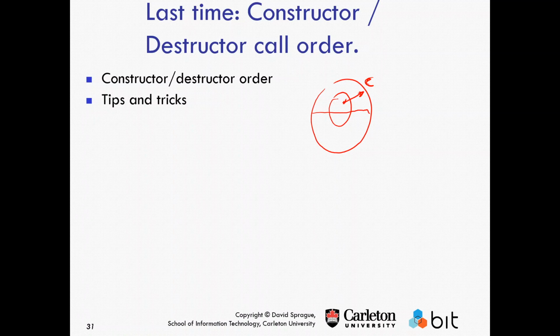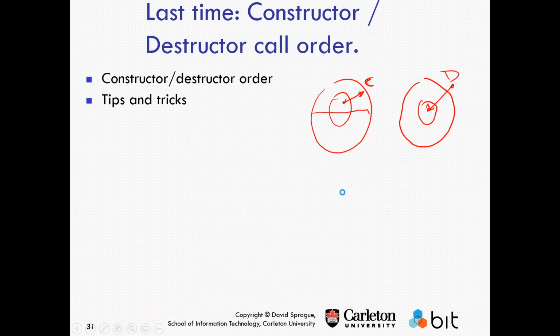So for destruction of the object, I go outside in. The destructor goes in this direction. I need to destroy the outside layer and then destroy the inside layer. This is the only way that constructors and destructors will work.